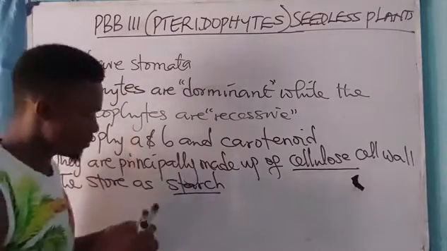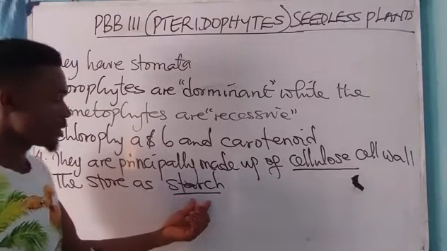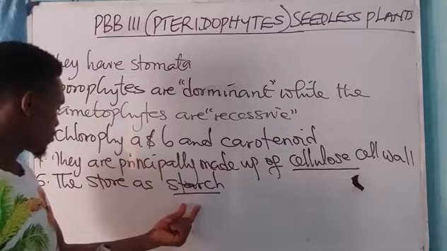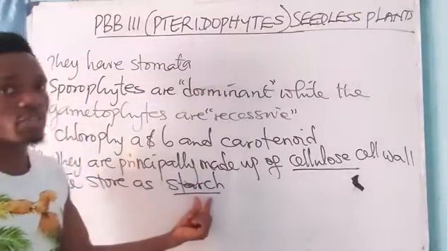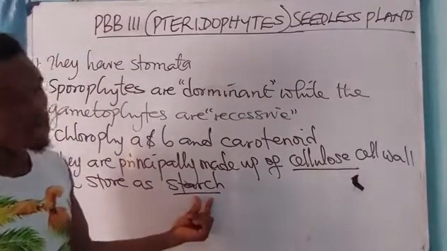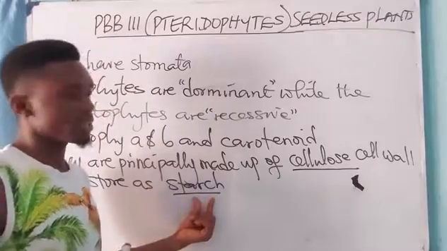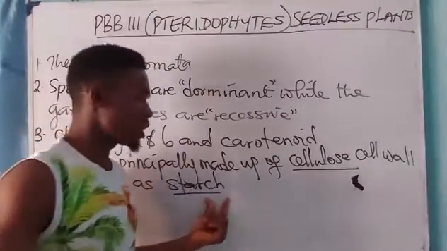Now, when I was teaching us the protista, we have different algae. We have the red algae called rhodophyta. We have the green algae called chlorophyta. We have the brown algae called phaeophyta.